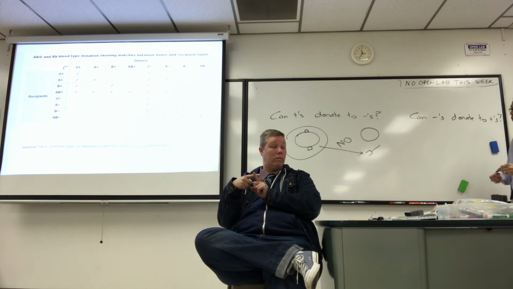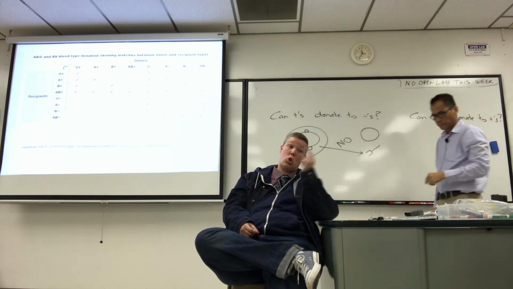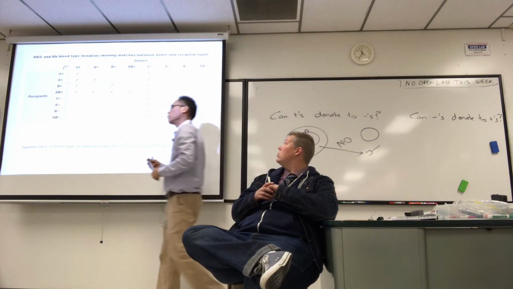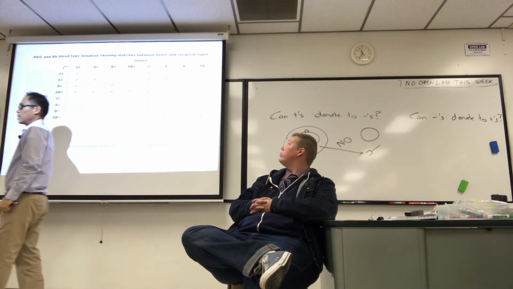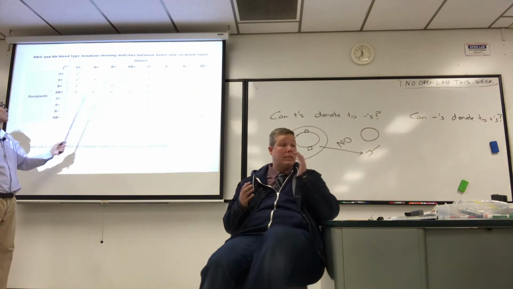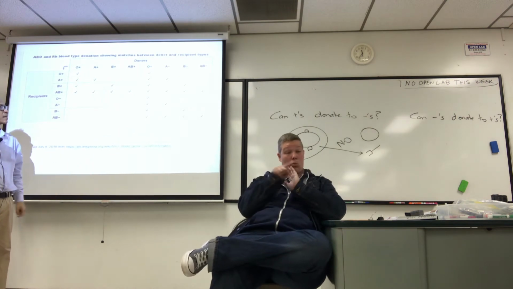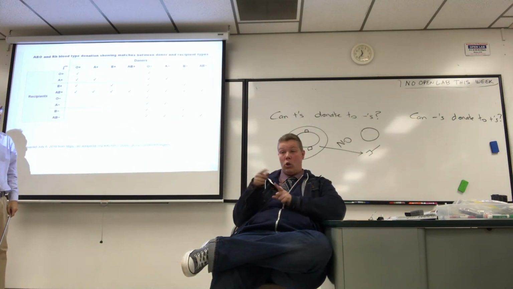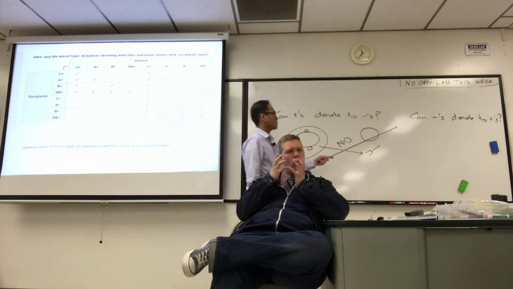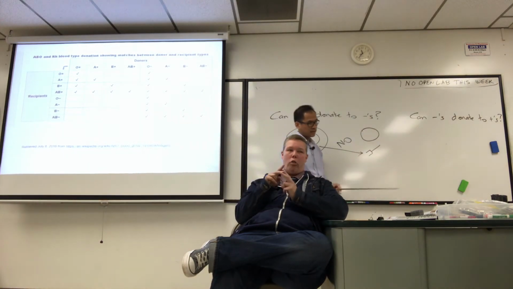Let's answer the question first by just looking at the table. Here are the negatives. Looks like you got a lot of check boxes for the positives and the negatives. So if you're negative, you can donate to positives or negatives. So the reverse is a yes.